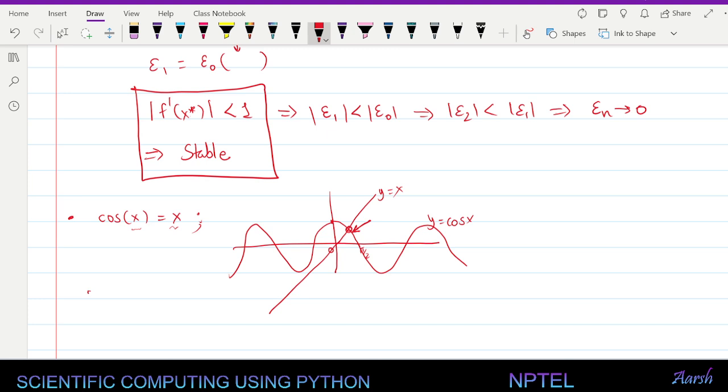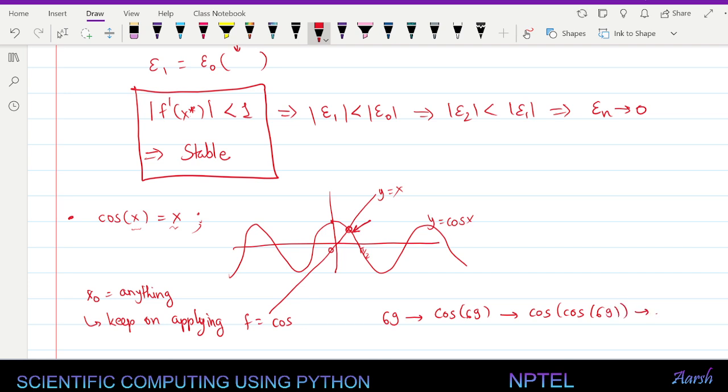But what you can do is start from any point, x0 can be anything, and keep on applying f, which is cosine. So you can in fact start from 69, then go to cos of 69, then cos of cos of 69.